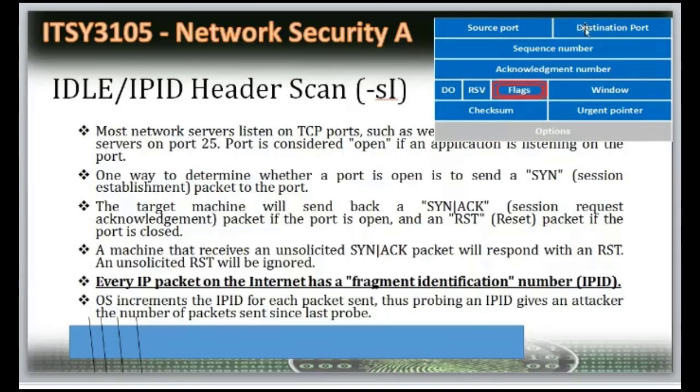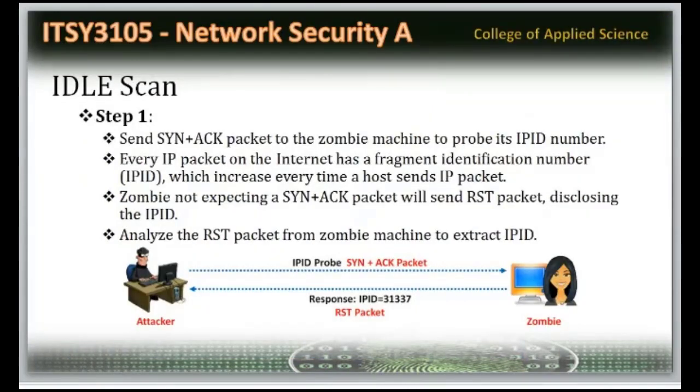From the sequence number, you can easily find the fragment ID of a packet. So you see, technically, what information you can read from a packet. By using scanning methods, particularly the TCP scanning method, you can collect many different types of information.